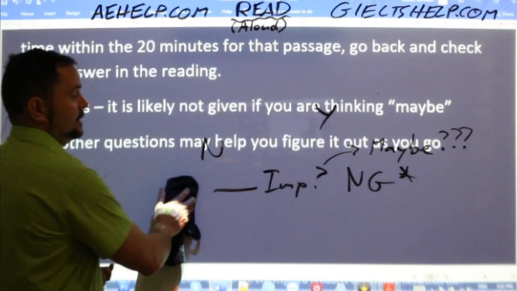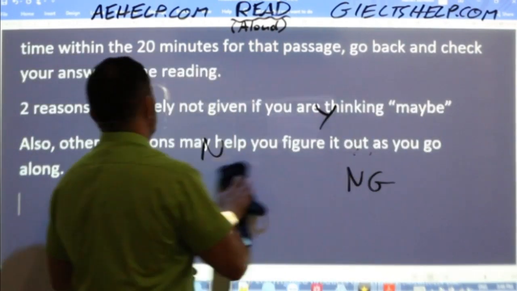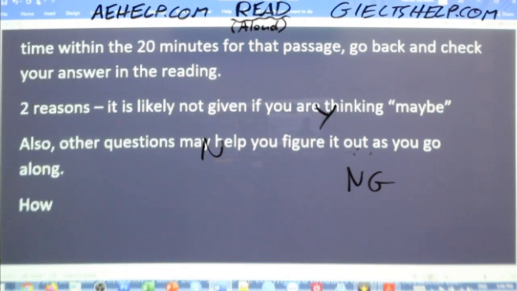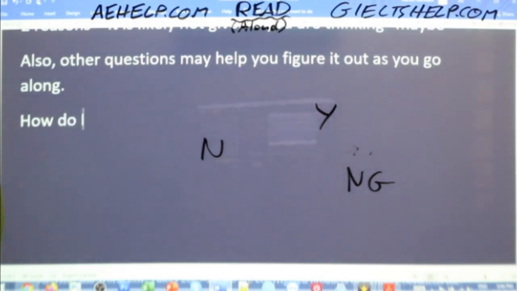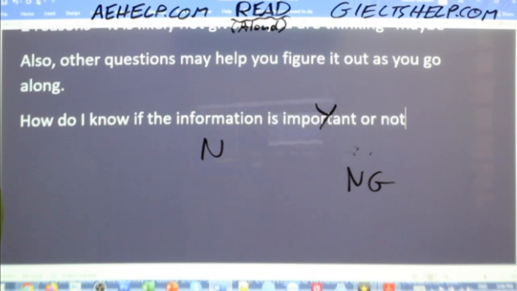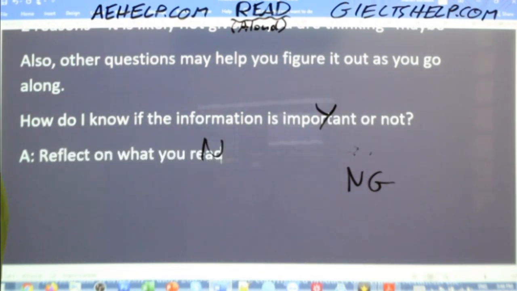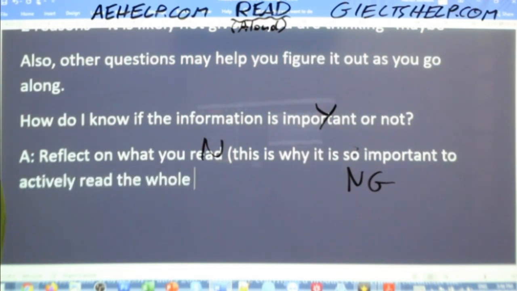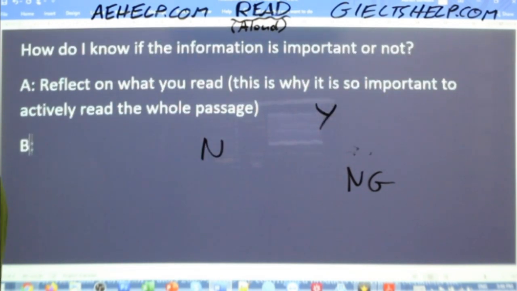Let me just erase all this so you can see it a bit better. So how do I know if the information is important or not? Okay, A, reflect on what you read. This is why it is so important to actively read the whole passage. B, use critical thinking.